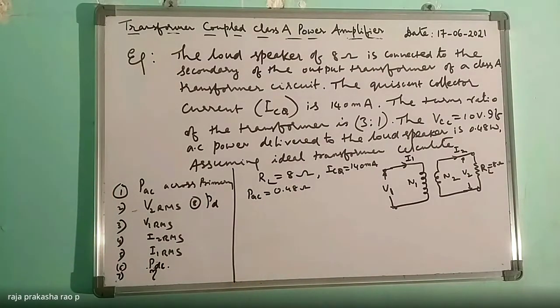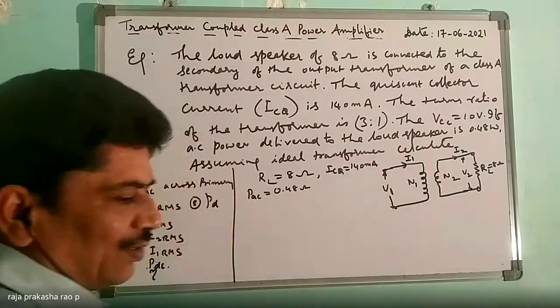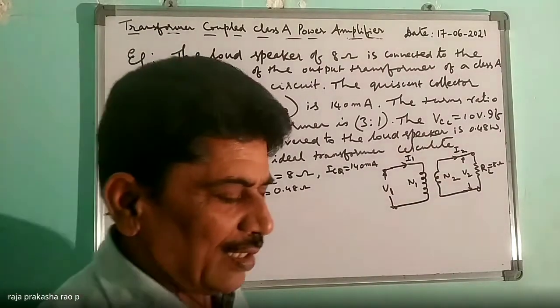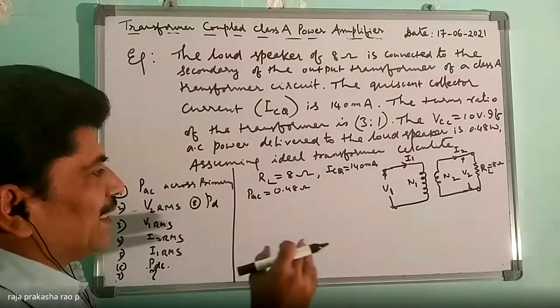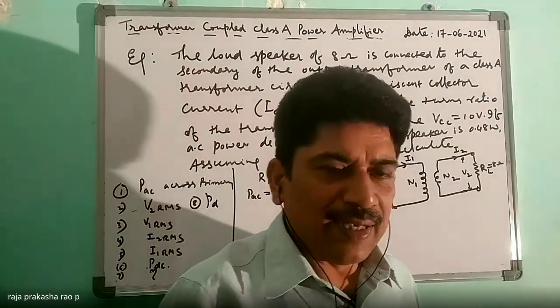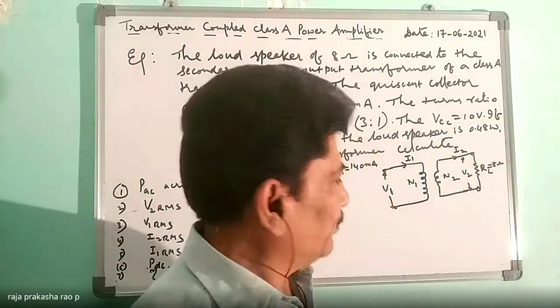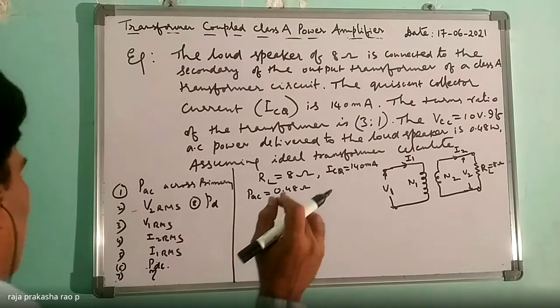That is the power developed in the collector circuit, the primary output power of the collector circuit. Since it is an ideal transformer, the same power will be there in the secondary also. So PAC is equal to 0.48 watts.